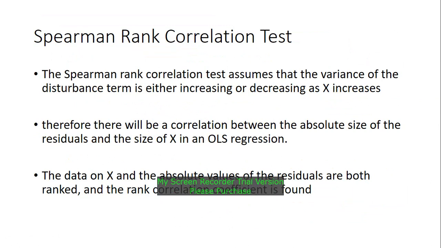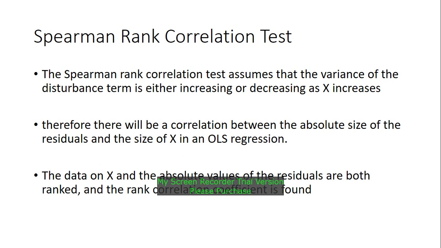So what does it aim to achieve? The Spearman rank correlation test assumes, and this is an assumption, that the variance of the disturbance term is either increasing or decreasing as x increases. Therefore there will be a correlation between the absolute size of the residuals and the size of x in the OLS regression.